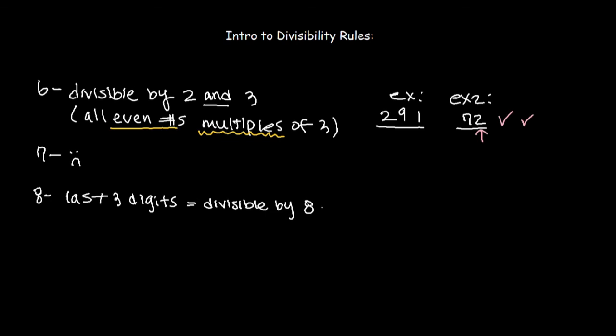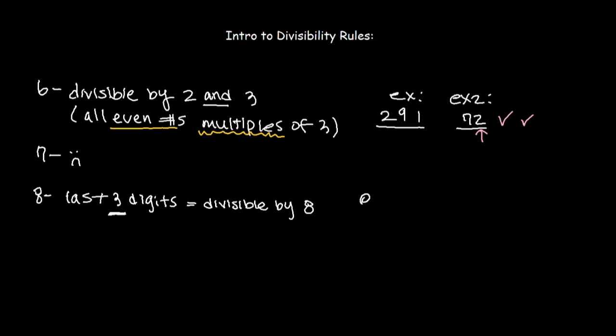If the last 3 digits is divisible by 8, then it's divisible by 8. So, kind of similar to number 4, where we look at the last 2 digits, for 8, we're looking at the last 3 digits. Please do not get this mixed up. Not all the numbers, not last 2 digits, last 3 digits.